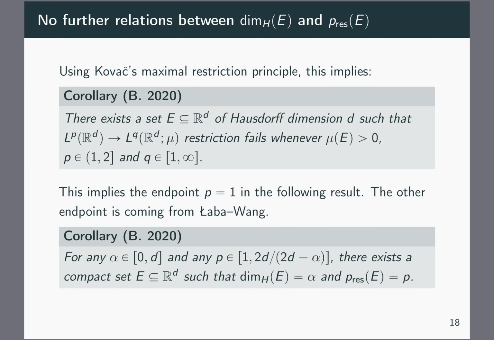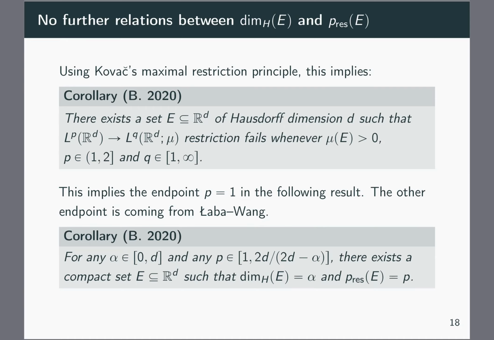So if you put those two together, you get a corollary like this, saying that there exists a set E in R^D, again of full Hausdorff dimension. It will be the same set as in the last theorem, such that L^p to L^q restriction fails whenever mu is a measure that assigns positive measure to E, and p and q are any exponents except that p is not allowed to be equal to 1.